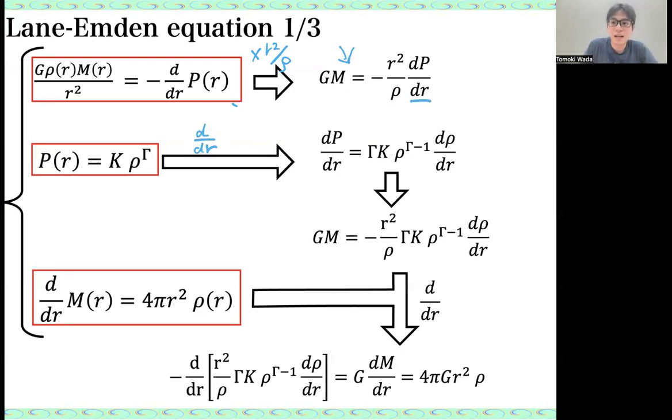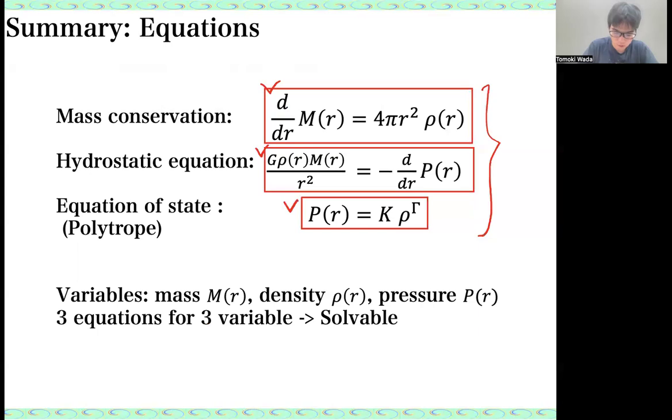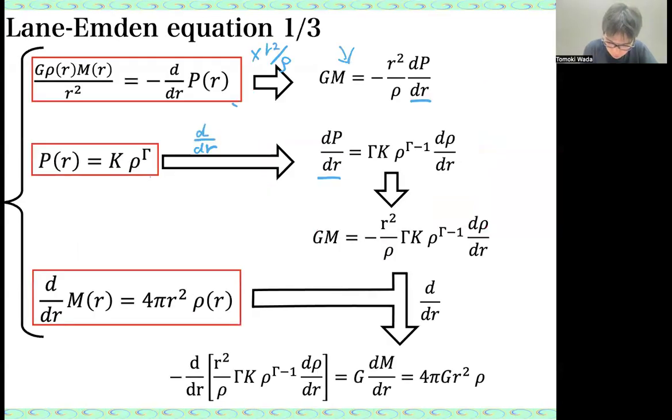When we take the r derivative of this equation, we get this kind of equation. And substituting this dP/dr into here, we get these equations. And here are two variables, mass and rho.